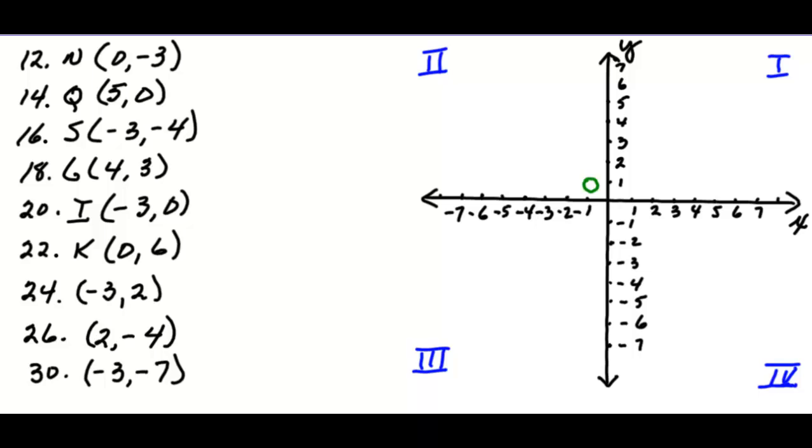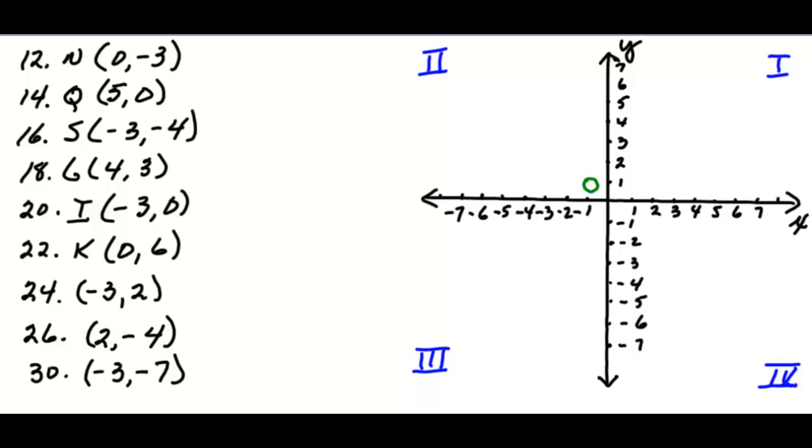And in problems 24, 26, and 30, what we're trying to figure out is in which of the four quadrants the value resides. So if you take a look at what I've done here on the screen, you'll notice that I've labeled the four quadrants. The one in the upper right is quadrant number 1. In quadrant number 1, both the x and y values are always positive.